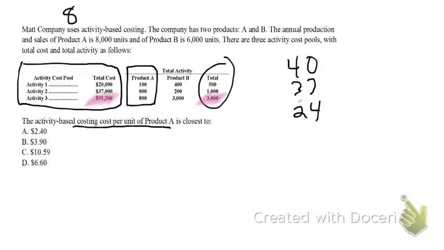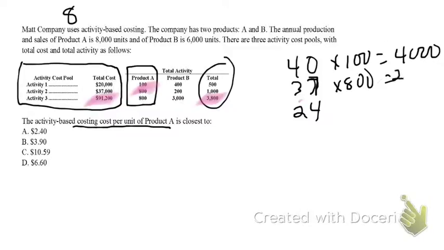Now I need to multiply them by the number we actually used for product A. So I've got $40 per unit times 100 units, which is 4 grand. I've got 37 times the 800. Where did the 800 come from? Right there. 37 times 800 is 29,600.